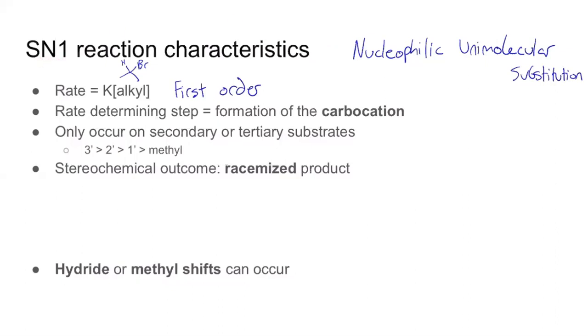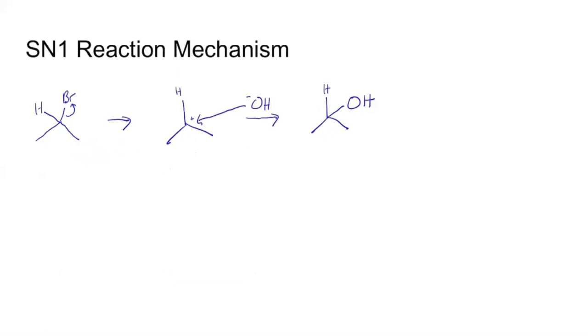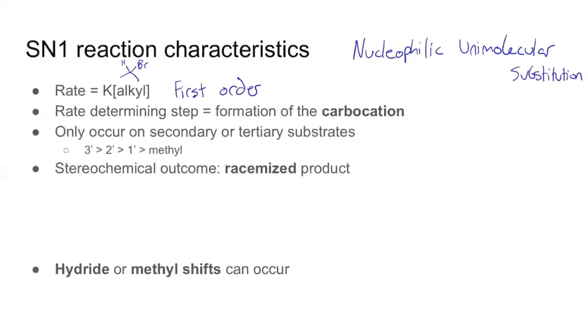So it's called substitution because, as you saw, we substituted basically the OH for the Br, the leaving group. And it's called unimolecular because it's a first order reaction, and the only thing that influences the rate is the alkyl. Now, the rate determining step for this reaction is the formation of the carbocation.